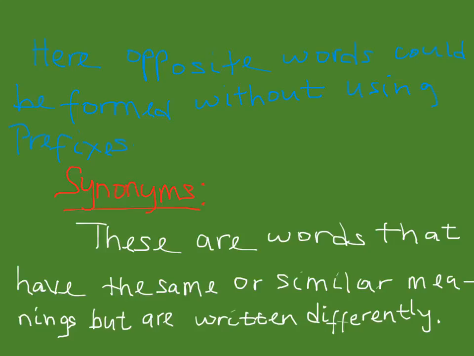What do we mean by this? What do we mean by they have the same meaning, or almost the same, as in similar meanings, but they are written differently? We mean that words like this have other words to mean the same things, spelled differently and pronounced differently.